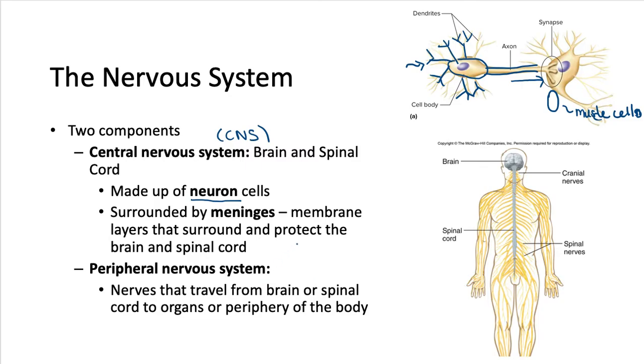The peripheral nervous system refers to the nerves, which are bundles of axons. So in our brain and spinal cord, we have our cell bodies and dendrites. And then nerves are clusters of axons that travel together to affect various cells or tissues or parts of the body. So a lot of peripheral nervous system infections will affect the neuromuscular junctions or the periphery of the body.